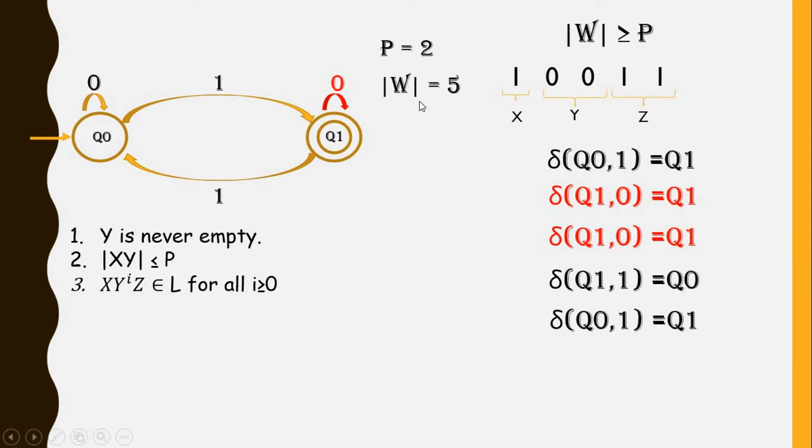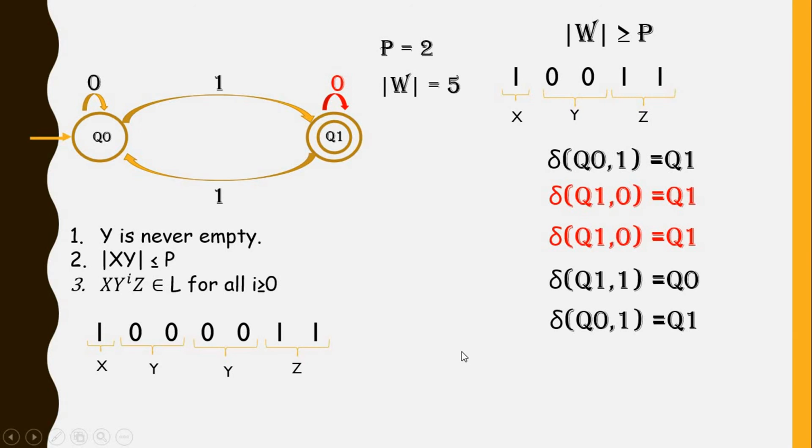Now, the length of W is 5, and we have this string, and this will be the transition function, having the Y part that hits Q1 twice, right, with the two zeros. Now we pump up, and we get this string, and we're still in the language, of course.